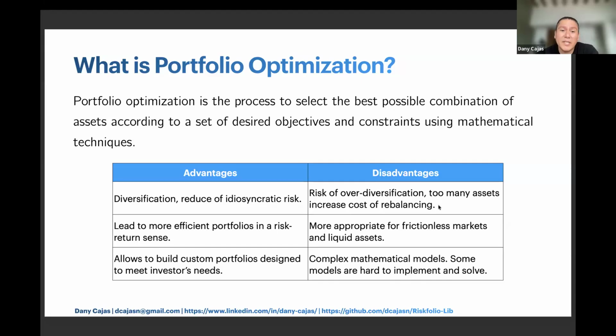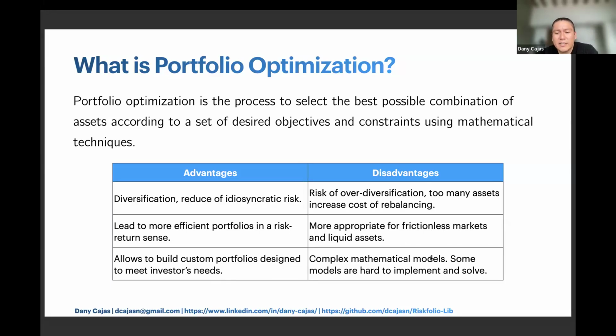Diversification can lead to including too many assets, and it also increases the cost of rebalancing and the cost to manage the portfolio. Well, portfolio optimization is more suitable for frictionless markets and liquid assets because we require more information. So for instruments like private equity that have little information, it is not appropriate to use portfolio optimization.